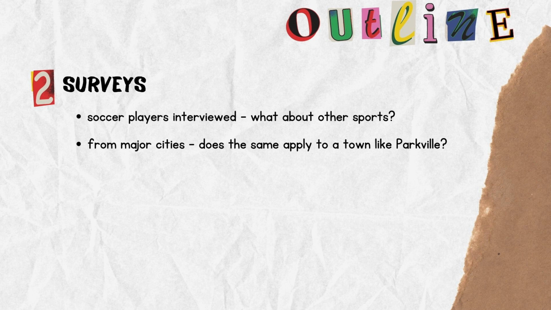It's a study about other places, and those other places are major cities. So it could very well be that the pressures exist in major cities, but they might not exist in smaller towns. So we need to know that in order to know if this is a valid point in the argument. And so, part of my notes here too is how many players did they interview, and is it representative of the whole? Are they enough?